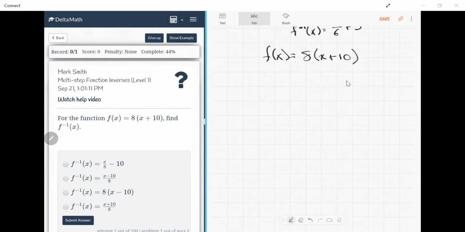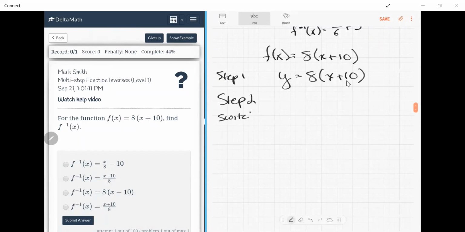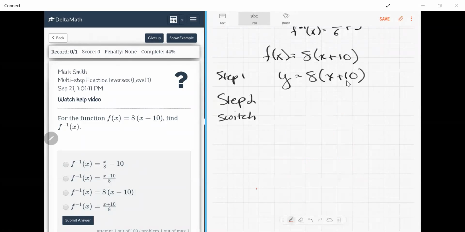All right, now if I was looking at my notes, I would be able to say, okay, so step 1 was write it as y equals. All right, so I did that. Okay, step 2 was switch. So I'm going to switch the x and the y.